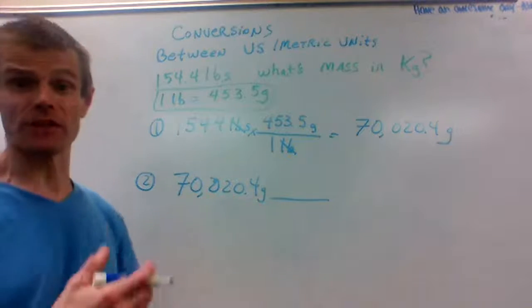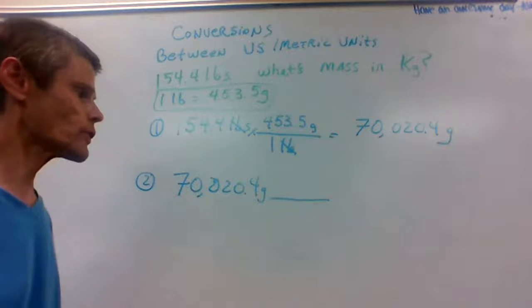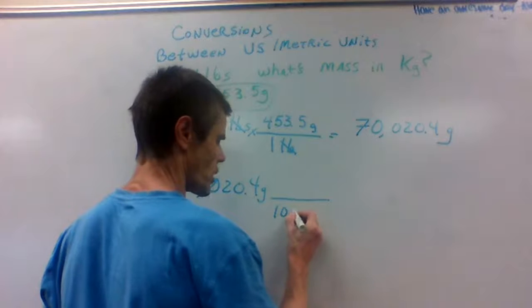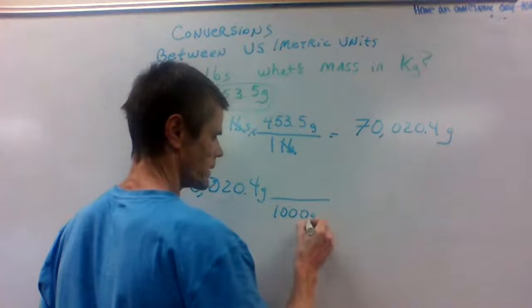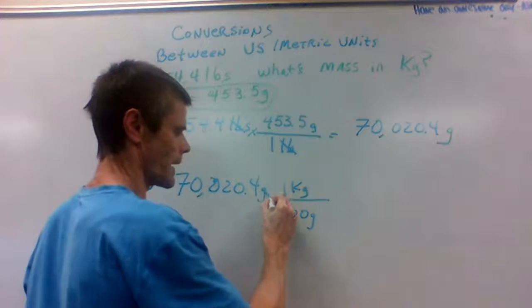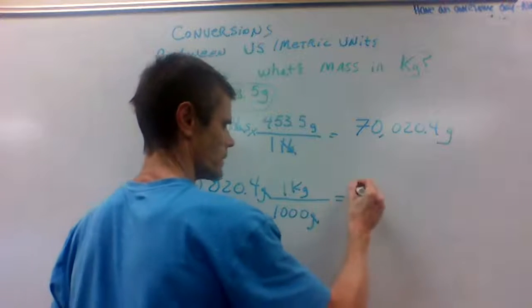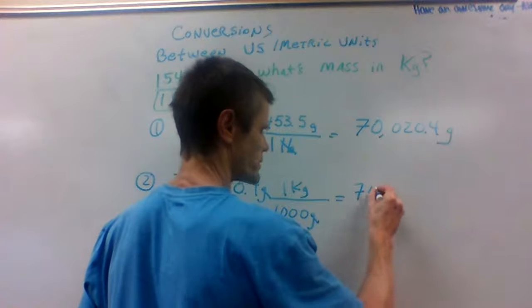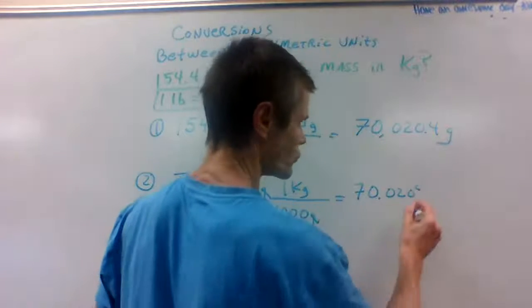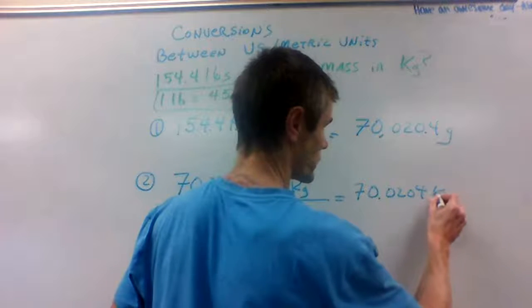Grams are given to us in this intermediate step. We're going to use our conversion factor with grams in the denominator and our desired unit of kilograms in the numerator. Grams cancel out, and our final answer, 70.0204 kilograms.